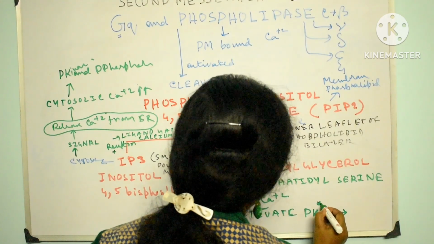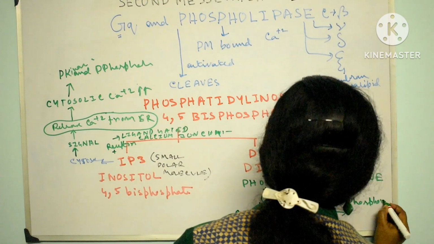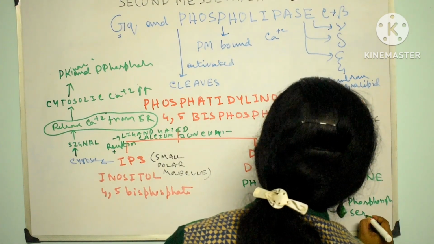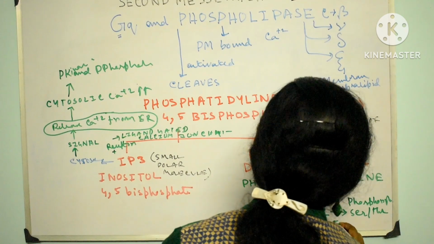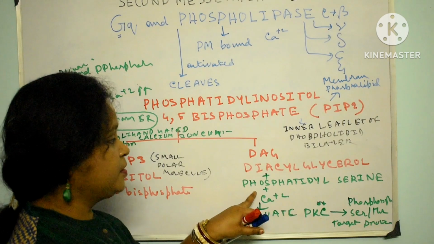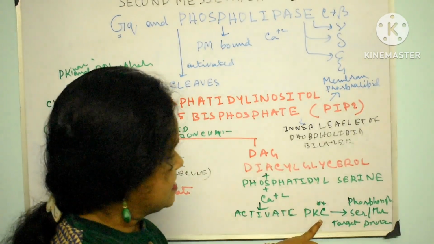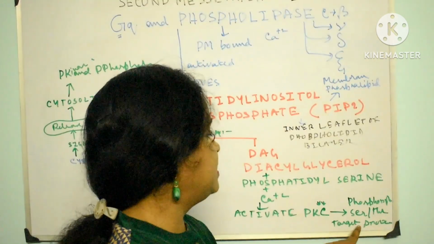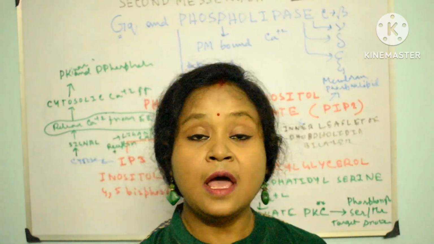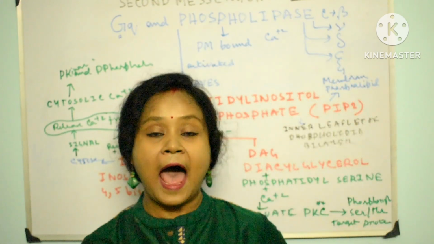PKC is activated and phosphorylates serine threonine residues of target protein. So, attached with phosphatidylserine in the presence of calcium, DAG activates protein kinase C, and after activation, protein kinase C phosphorylates serine threonine residues of target protein. So this is the working principle of IP3 and DAG.